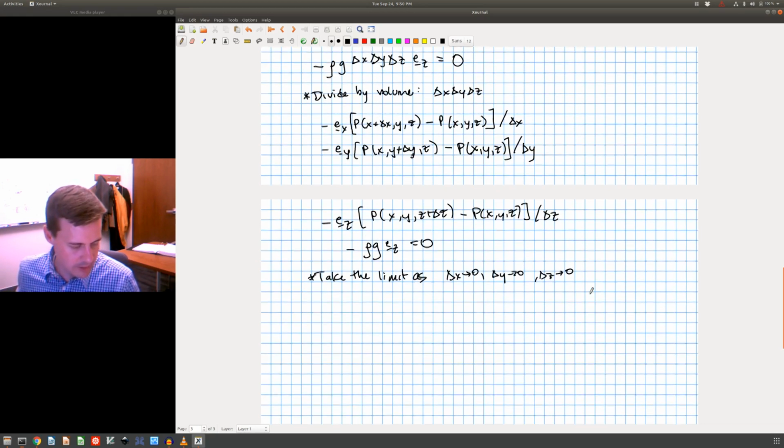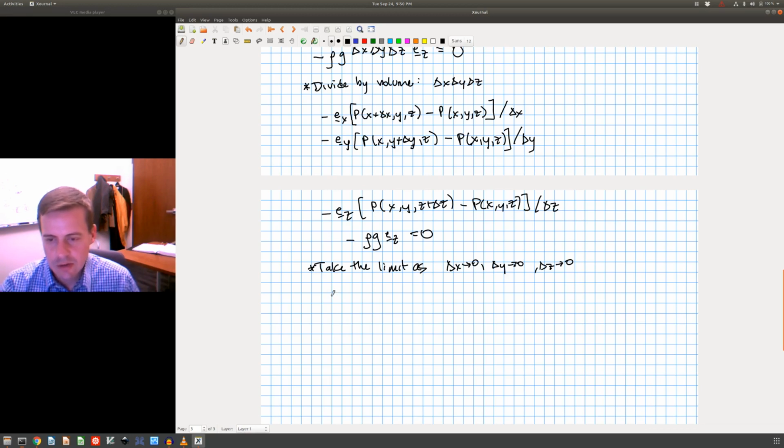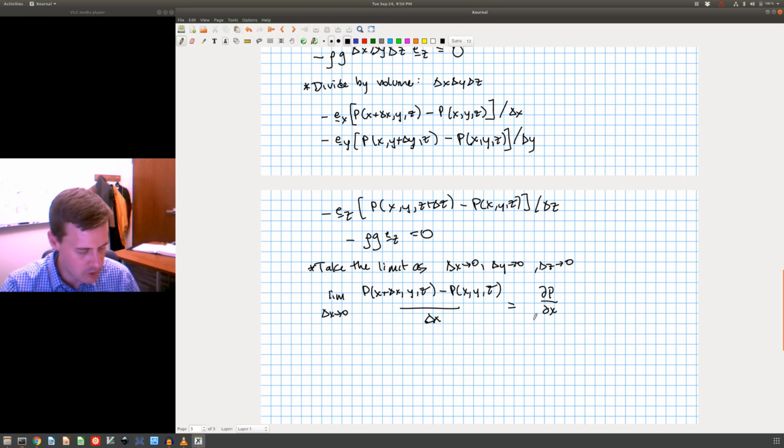Alright, so when I do that, look what happens here. I have the limit as Δx goes to 0 of, say, p(x + Δx, y, z) minus p(x, y, z), divided by Δx. That becomes dp/dx, the partial derivative of p with respect to x. That will happen here, here, and here.